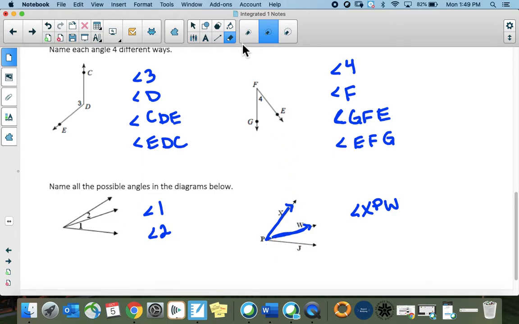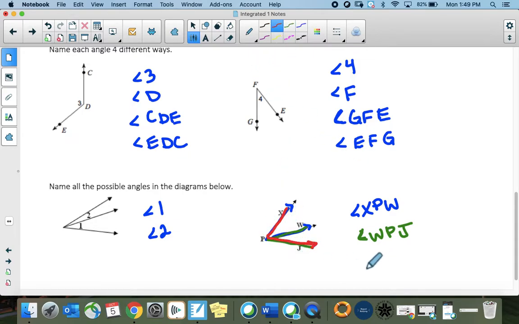Watch this. The second one we can put in green, angle WPJ, and we have our last one, which is the big angle, angle XPJ. And again, you cannot just say angle P because angle P could refer to all three of those angles we just named.